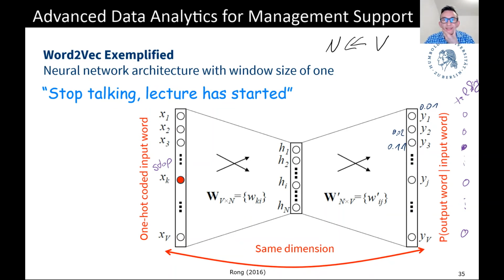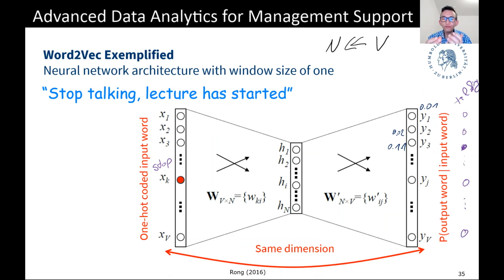Just in case, if you have ever seen an autoencoder, this architecture looks a little bit like an autoencoder in that we have this bottleneck layer here. The hidden layer is sort of a bottleneck layer. We feed all the information from the input of dimension v, and then in the hidden layer we need to condense this information.